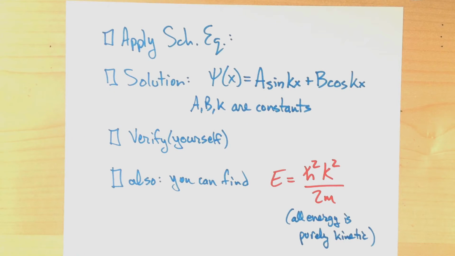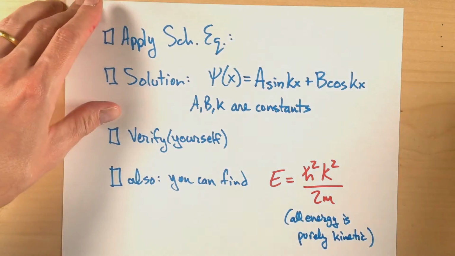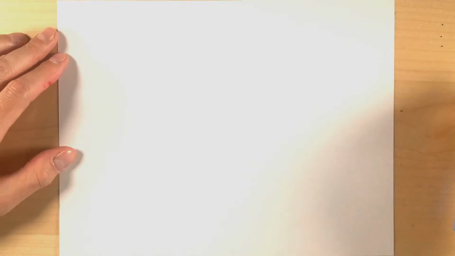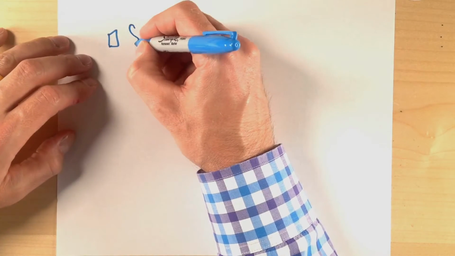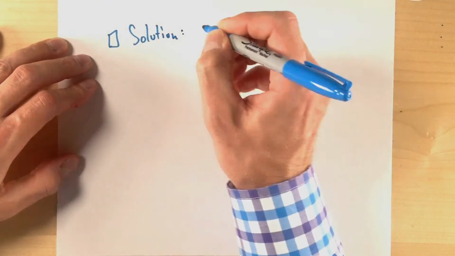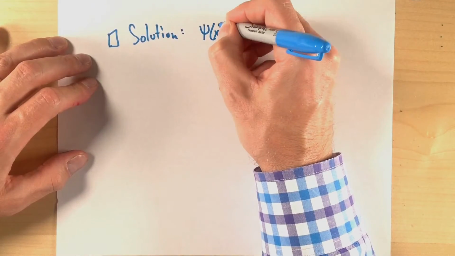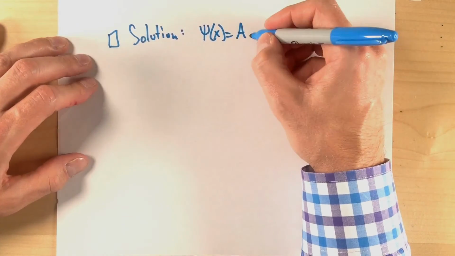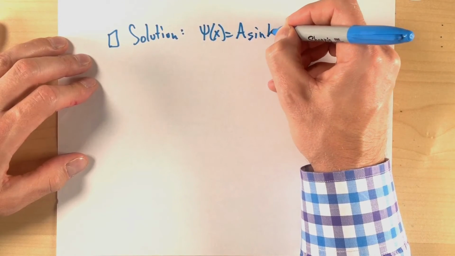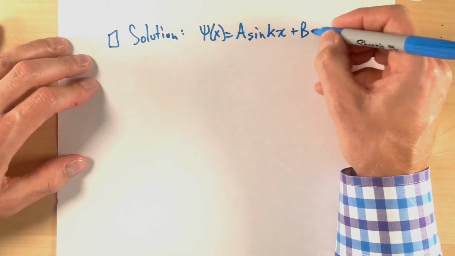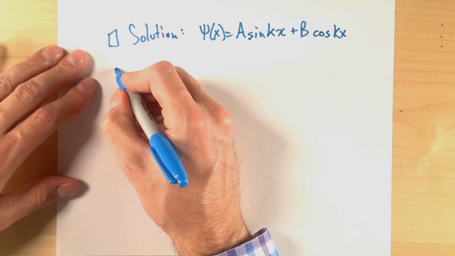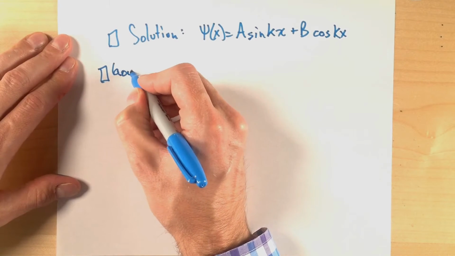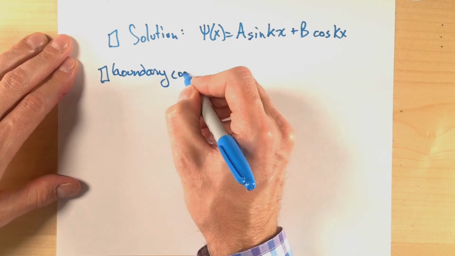So how do we do this? We can begin to apply this explicitly. The solution to Schrödinger's equation was that the wave function equals an amplitude a times a sine function, plus an amplitude b times the cosine function. And we have boundary conditions.